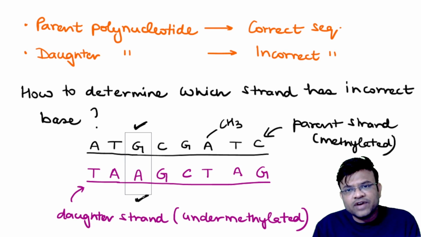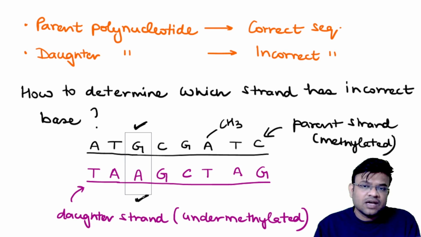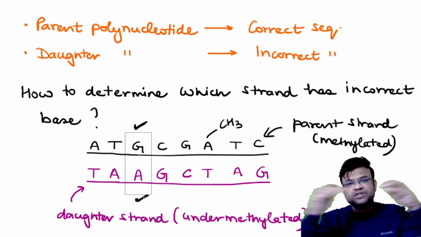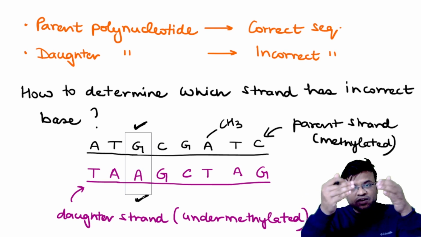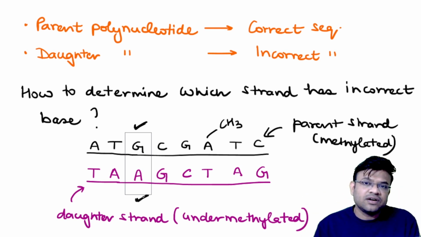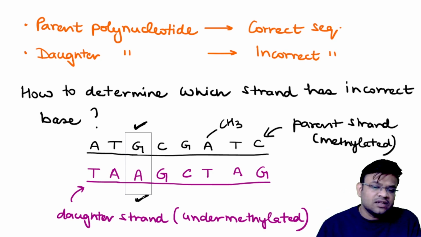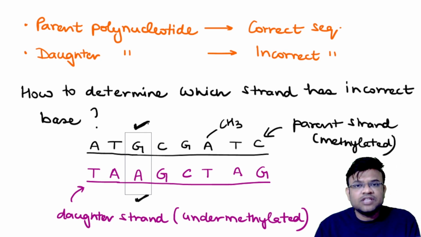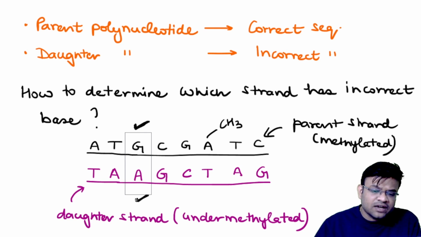How will it identify? It does not have eyes. How will it identify which is the original strand or the error-free strand, and which strand the error has occurred in? Because to someone who has just arrived at the scene, they might say that this guanine might be the erroneous base, and for some other people this adenine might be the erroneous base.